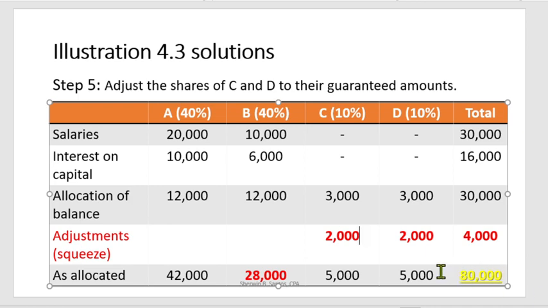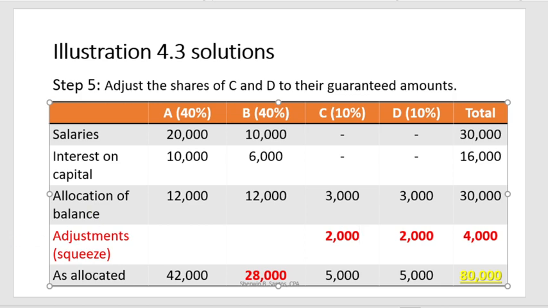So, the answer is 80,000. So, dapat 80,000 ang partnership profit para yung salaries, interest, and allocation of remaining profit ni A ay 42,000. So, yun po ang sagot. 80,000. So, I think that ends the discussion related to interest on capital contributions.